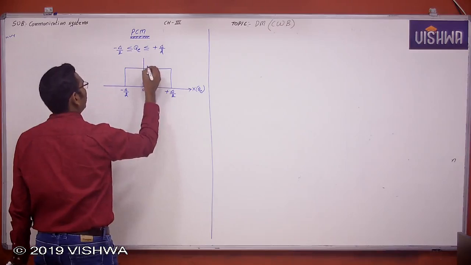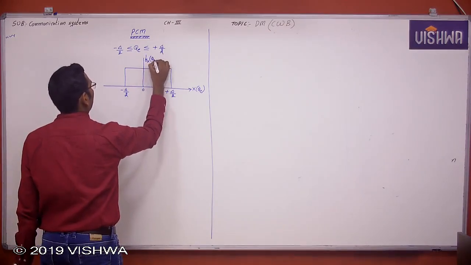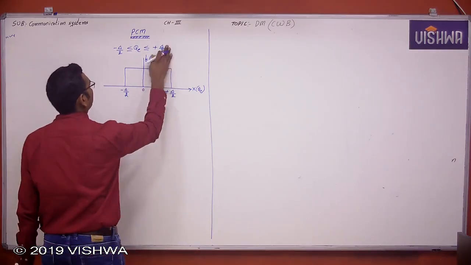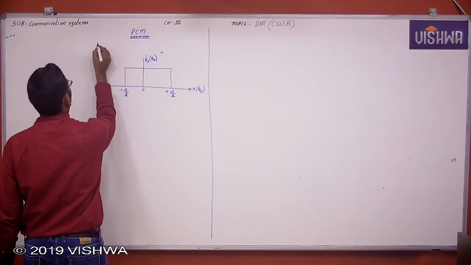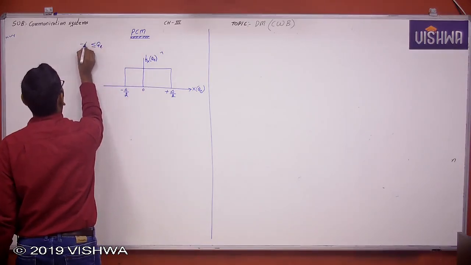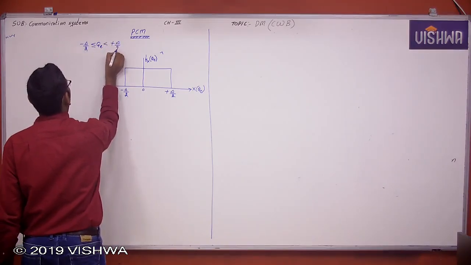Now this is a uniform quantizer. Therefore, the probability density function of that particular quantizer is uniform, from minus delta by 2 to plus delta by 2.